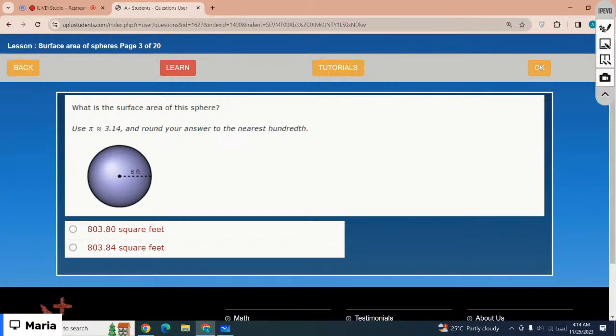The formula is, you have to do 4 pi r square, right?